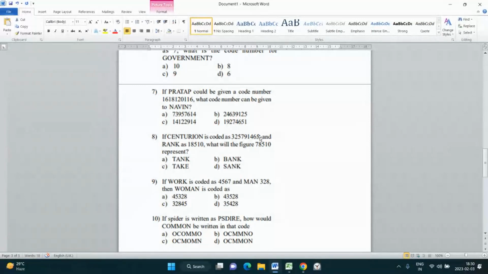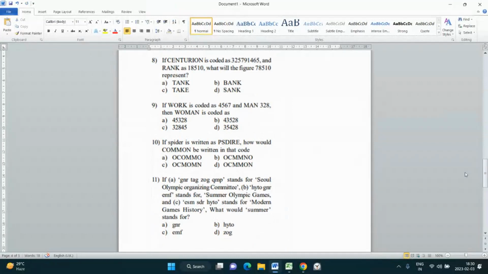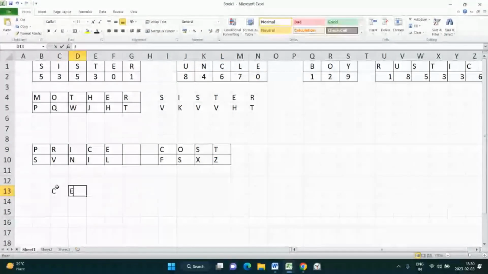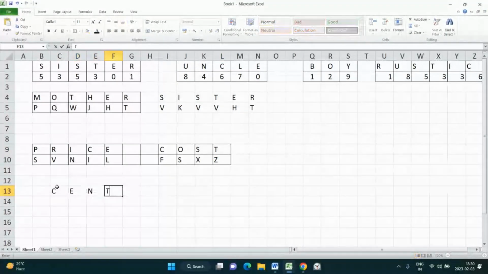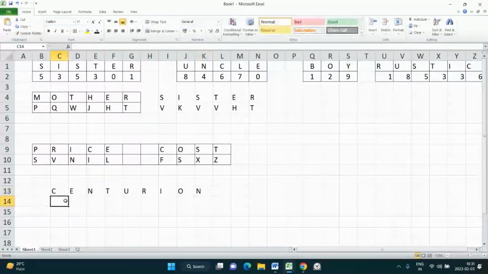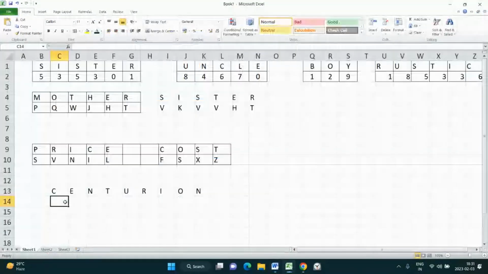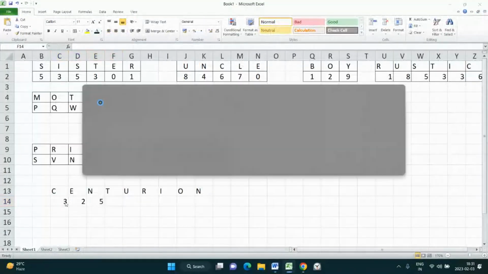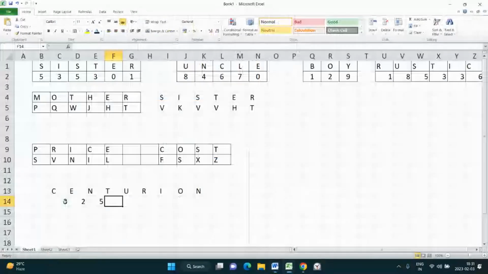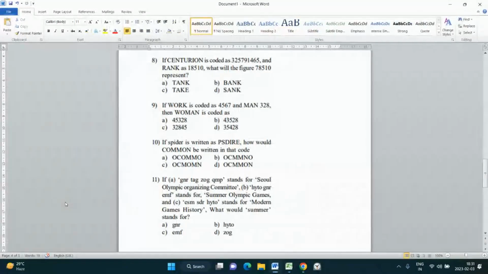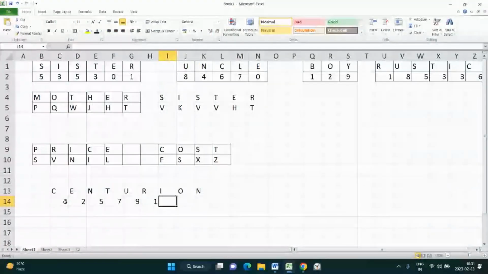This we will take. If centurion is coded as 325 791 465.